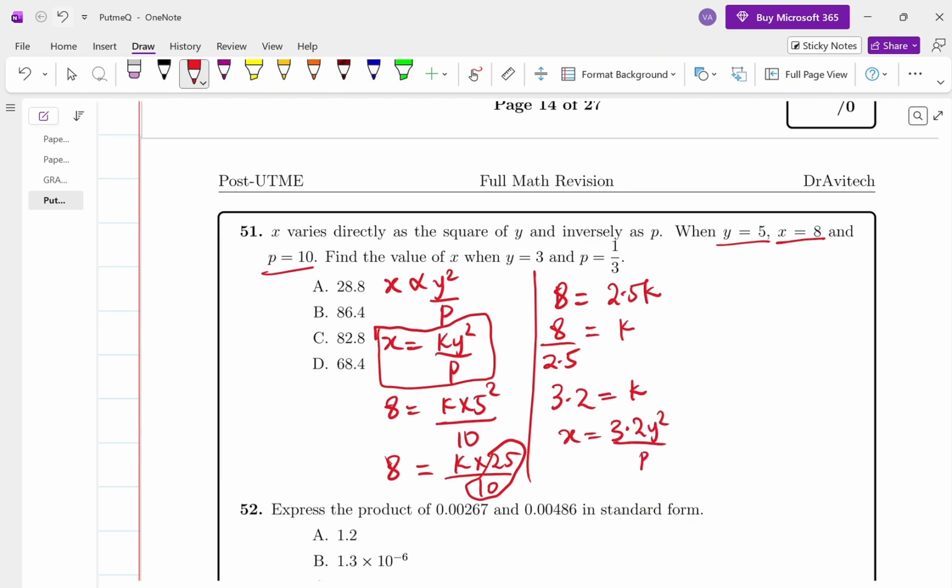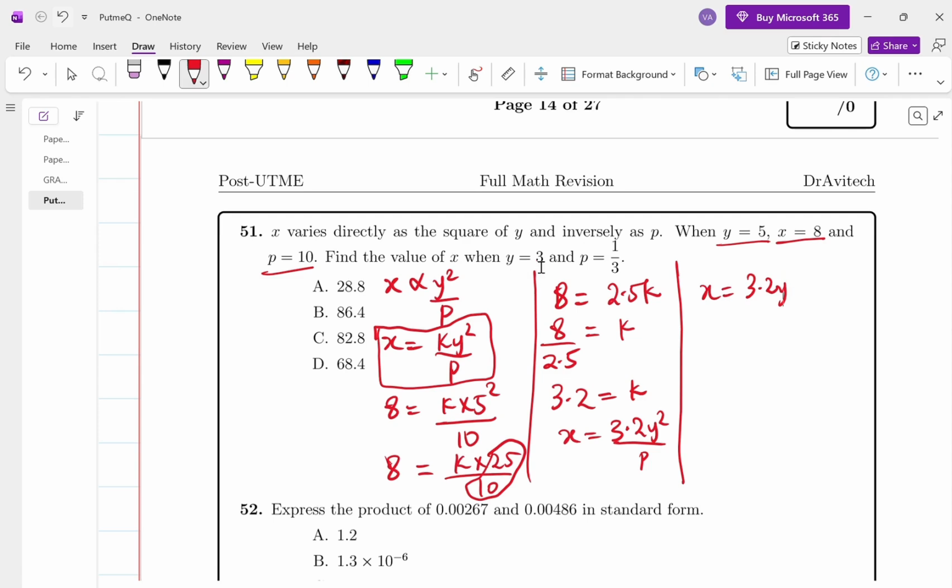So this is the formula connecting x, y, and p. So x equals 3.2 y squared over p, and no need for me to repeat that. Let's just solve the equation. It says find the value of x when y is 3 and p equals 1 over 3.